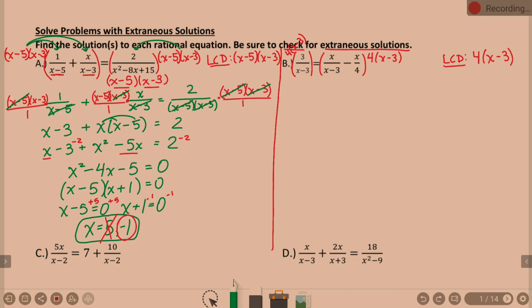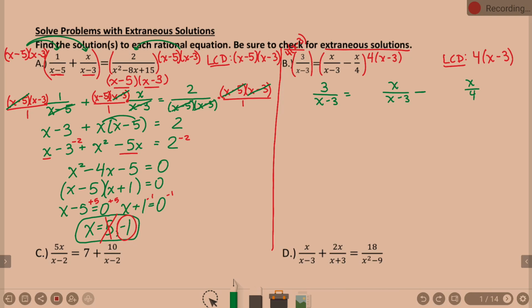So I'm basically going to write my equation out, spacing it out so I can put what I'm multiplying by on each term. So I'm going to leave some space before my first term. 3 over x minus 3 equals, I'm going to leave some space, x over x minus 3 minus, I'm going to leave some space, x over 4.